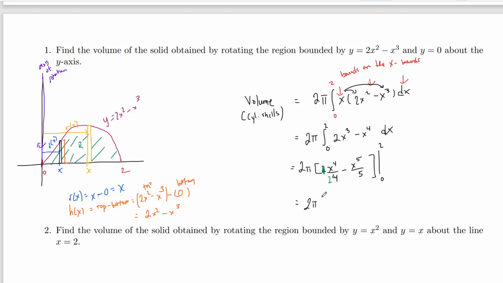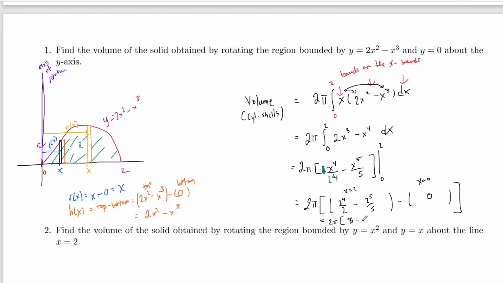And we'll go ahead and finish this up. So we've got 2 pi. Then we'll plug in x equals 2. Subtract. Plug in x equals 0. Now you might already be able to see that when we plug in x equals 0, we will get 0 because it's just powers of x there. For x equals 2, we get 2 to the fourth over 2 minus 2 to the fifth over 5. 2 to the fourth is 16. 16 over 2 is 8.